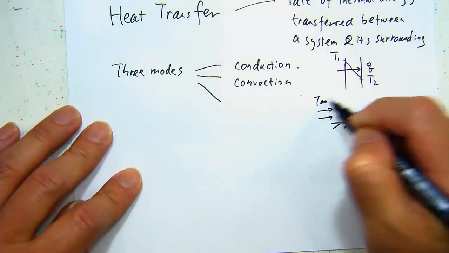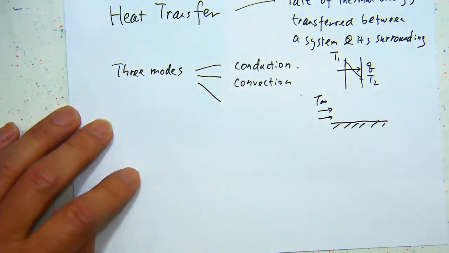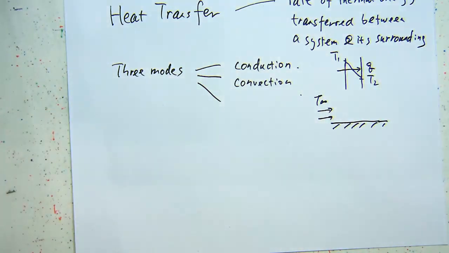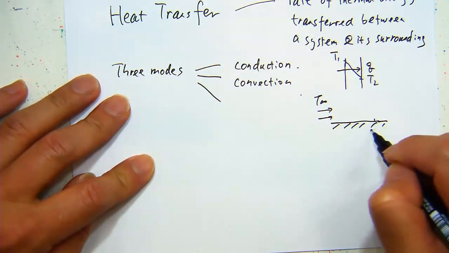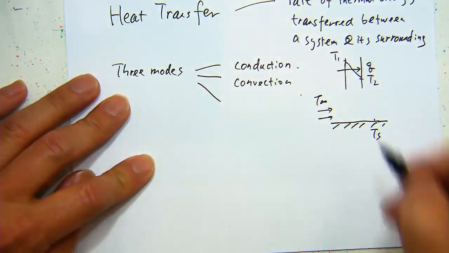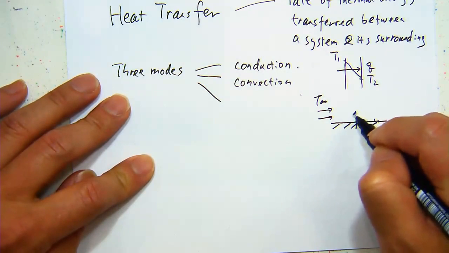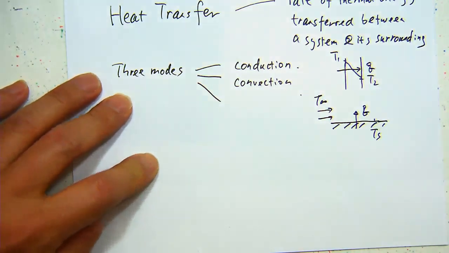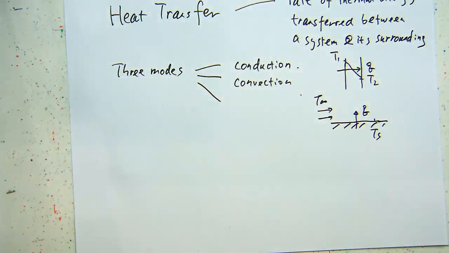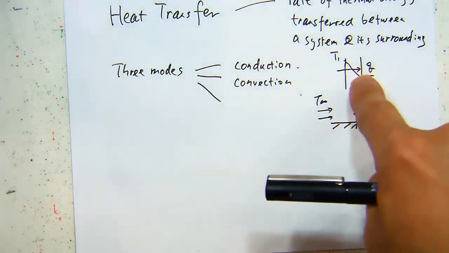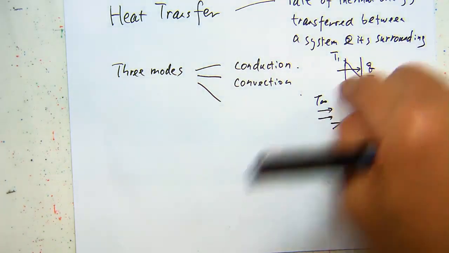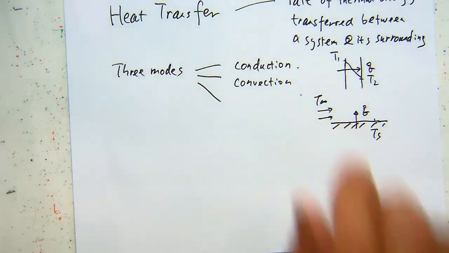The air or the fluid has a free stream temperature that is different from the surface temperature. If the surface is hotter, then the heat will transfer in that way. That's called convection, which involves a moving fluid. The fluid must be moving in order for convection to happen. If the fluid is not moving, you can have conduction happen. Right? So that's the second one.